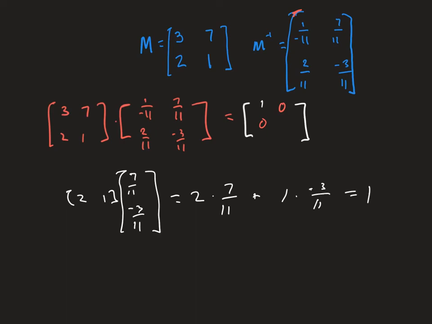That gives us 1. I know I'm going through this fast, but you can rewatch to get a grasp, because there are a lot of new concepts all at once. But now you'll see we finished. When we multiplied M times M inverse, we got 1, 0, 0, 1, and we showed that that is the identity matrix, meaning it is true. M times its inverse does equal the identity.